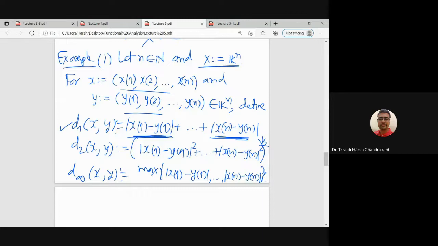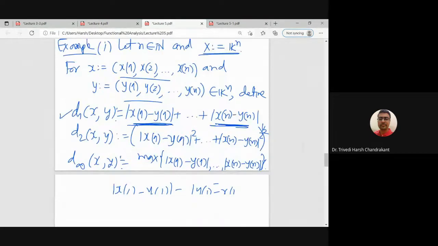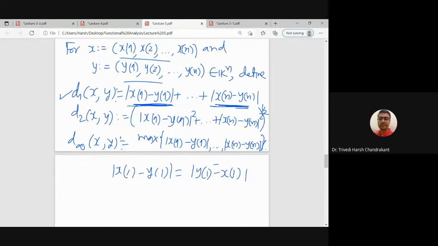So that property is also satisfied, and we can easily check that d1 of xy is d1 of yx, because modulus of x1 minus y1 equals modulus of y1 minus x1. So only the third property needs to be checked.